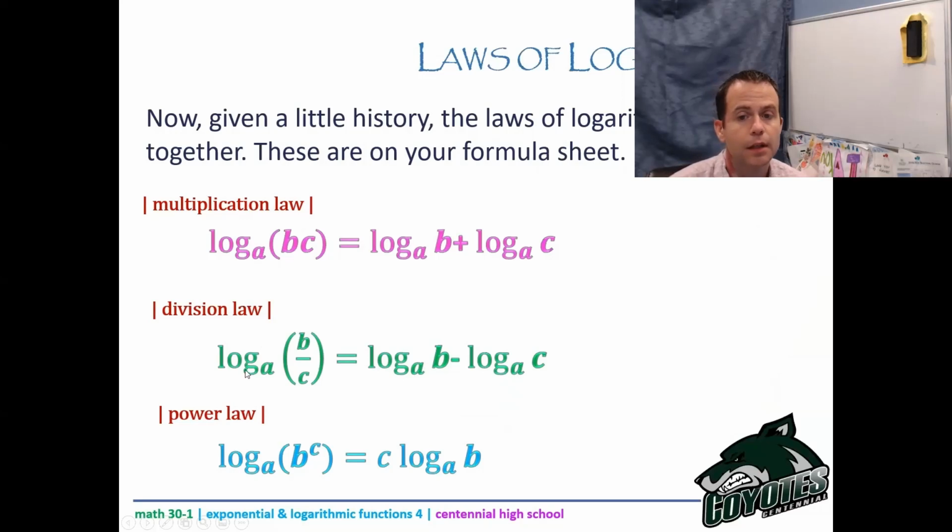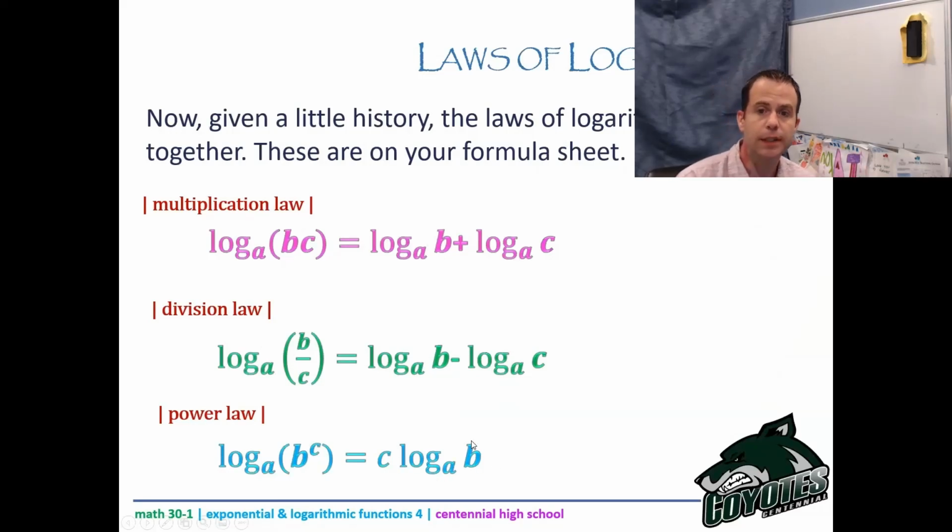Likewise, division can be expanded out to be separate subtraction. And then we have the power law, which says if you have an exponent on the thing you're taking the log of, so that C is an exponent on B right now, we can actually move that to the front. So it'll be C times log base A of B.